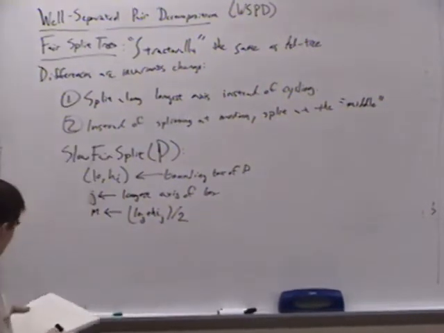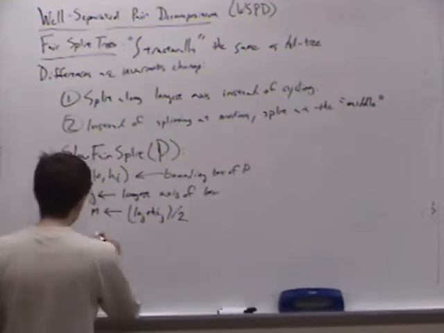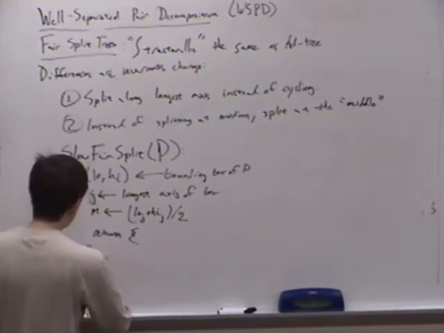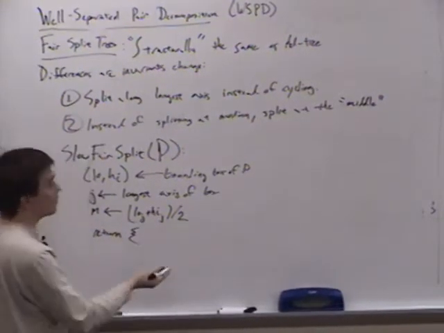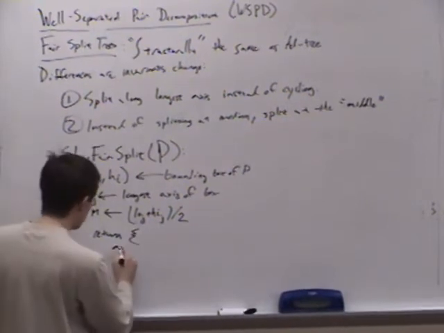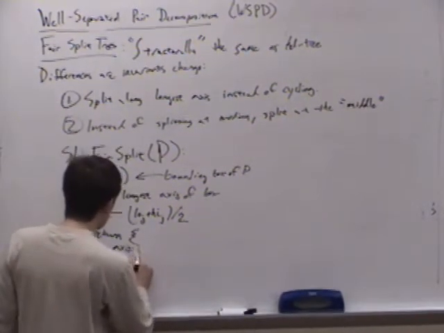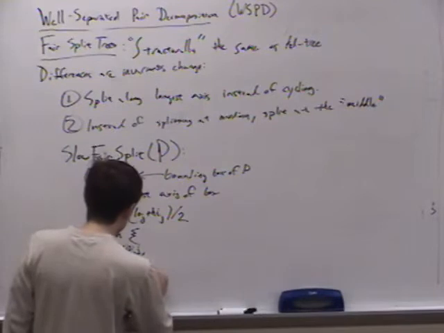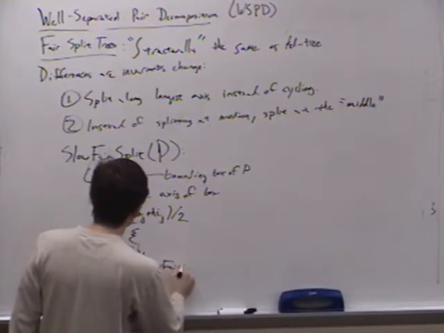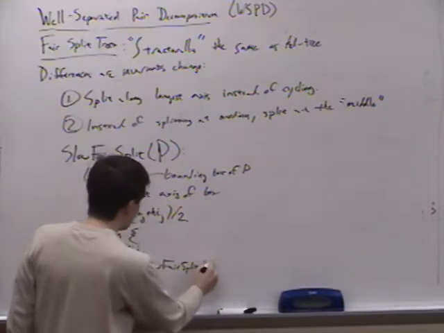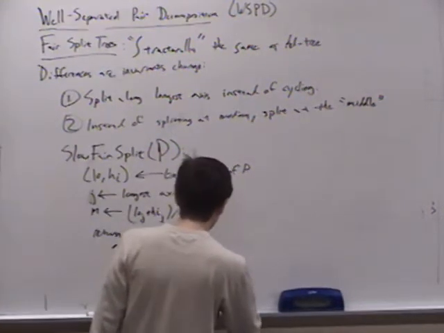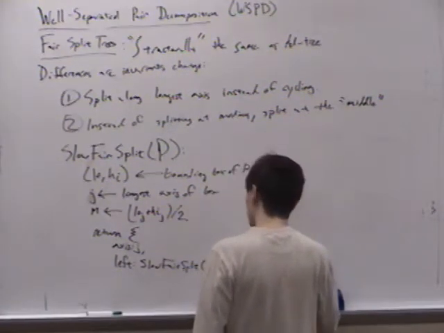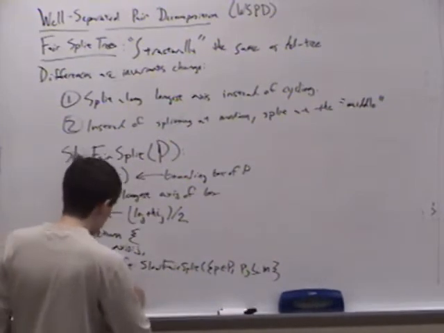All right? And then we're just going to return a tree. That's it. We'll return a KD tree node. It's the same data type as a KD tree. So we'll keep track of the axis, which is going to be j in this case. The left subtree will be a recursively constructed tree, so we'll call slow fair split on the set of all p in P where p sub j is less than or equal to M. And we'll do this again to the right side.